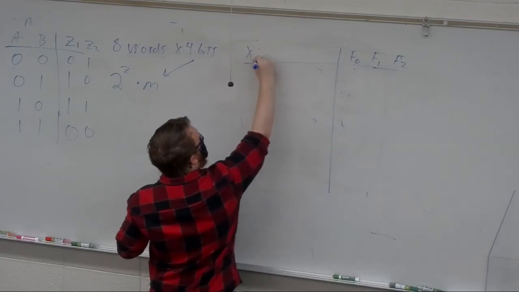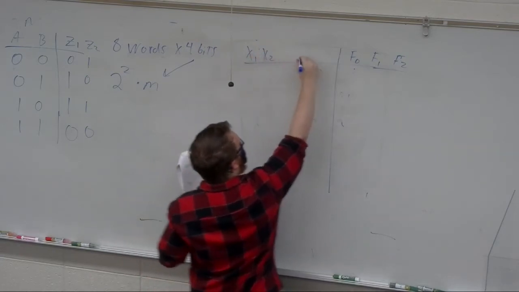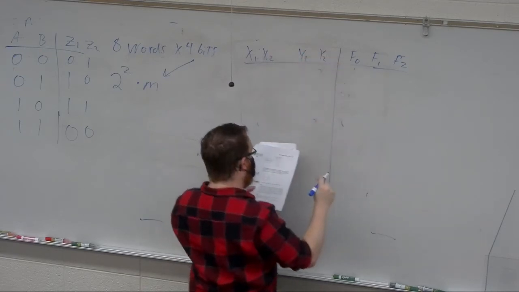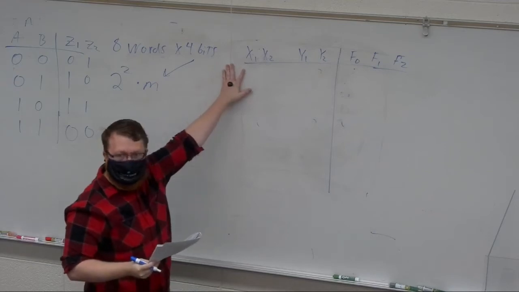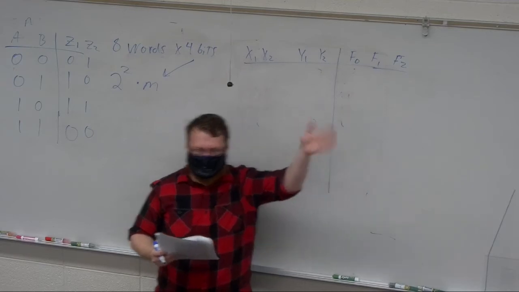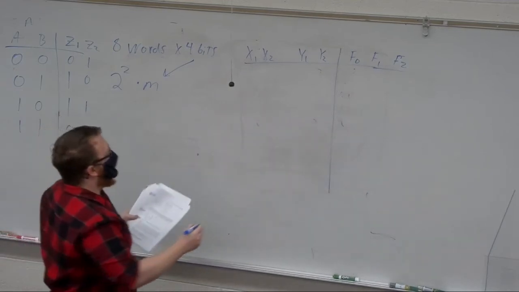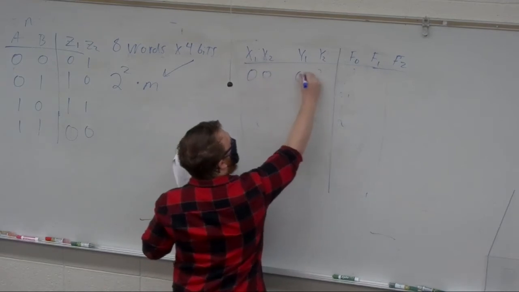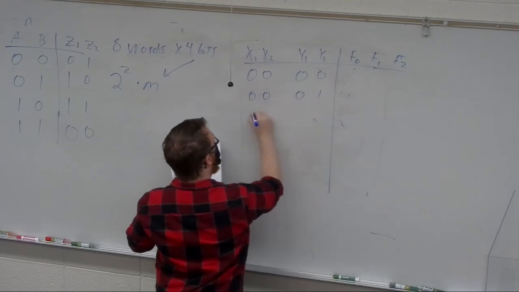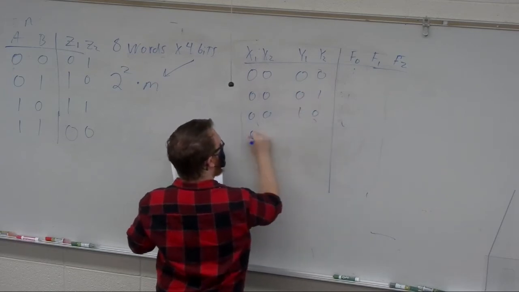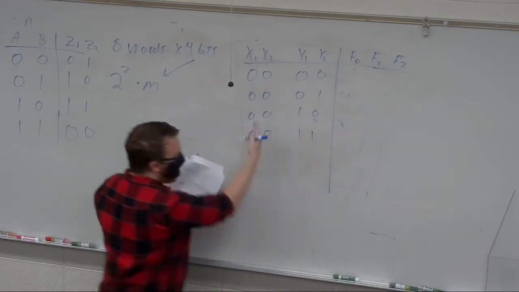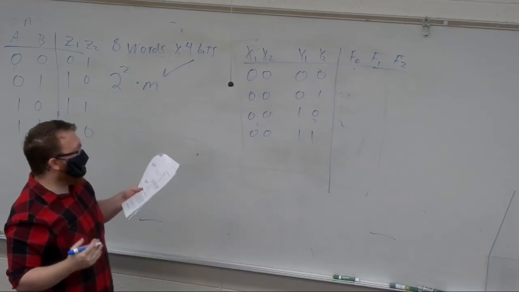So one input is going to be x1, x2, and the other input is y1, y2. And then if we're adding 2 bits, we need a 3-bit output, because you could end up with 3 bits if you add 1, 1, 1, 1 together, right? And then you just start assigning these values to it, and start looking at what those summed outputs are.